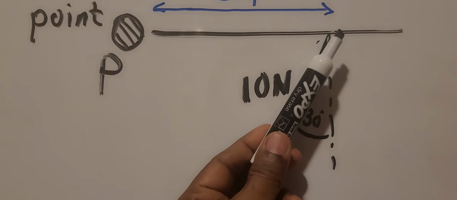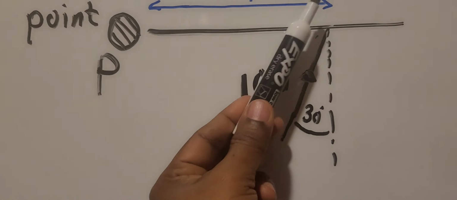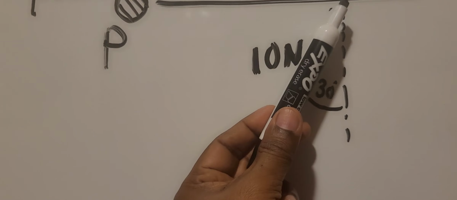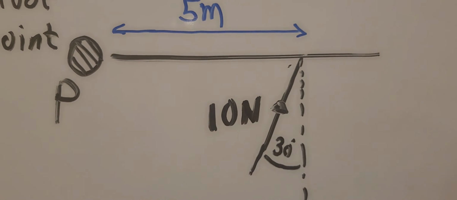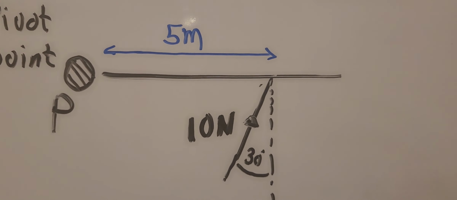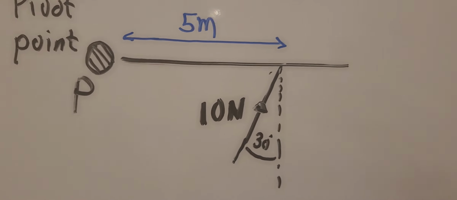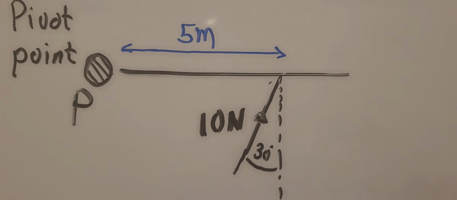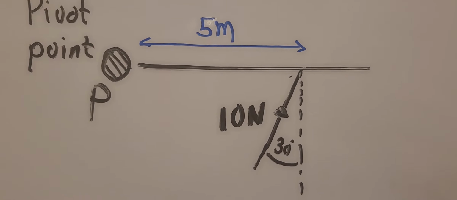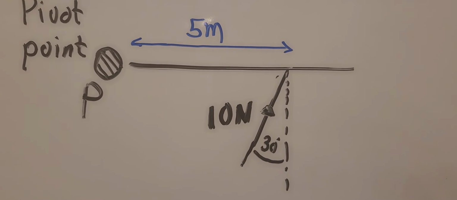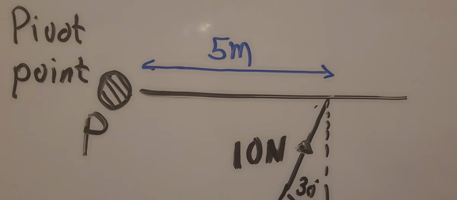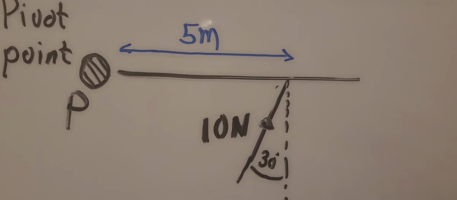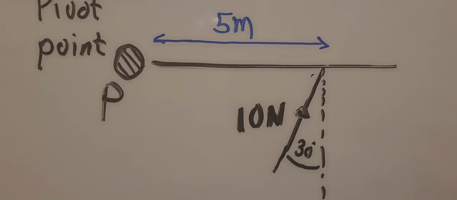Because the force is not perpendicular to this distance. Can you see? It's at an angle. So what we need to do here is find the perpendicular force component to that 5 meters. This is one way of solving this problem.